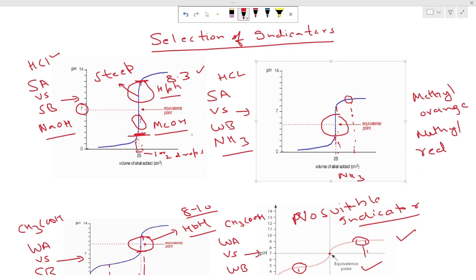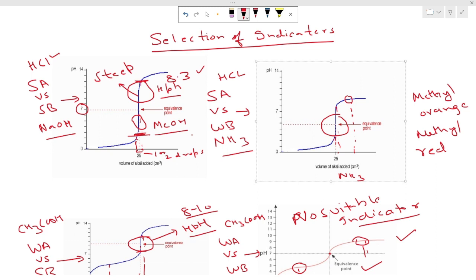Okay, so the question is why phenolphthalein is used as an indicator during strong acid strong base titration, although its endpoint is at 8.3. The reason is that although it changes color at 8.3, it correctly indicates the equivalence point, as a single drop is not a major error.